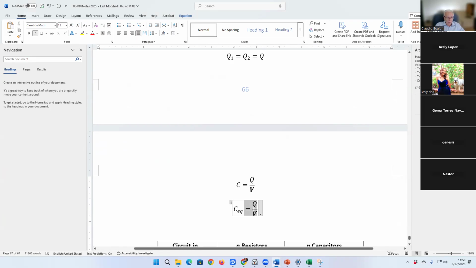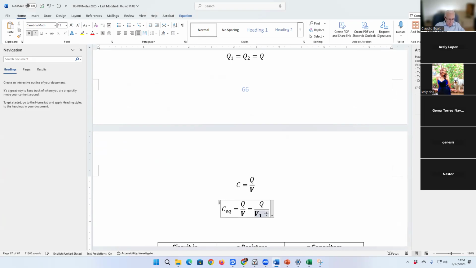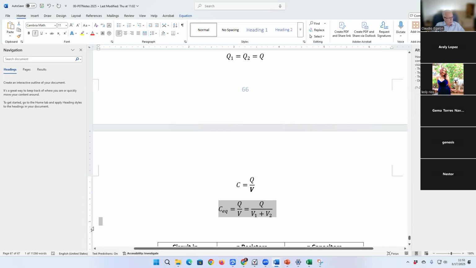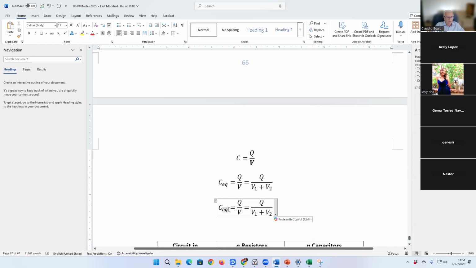Since we have two capacitors in series, the V that you see here is going to be V1 plus V2. And now I'm going to invert both sides of this equation. Here goes.